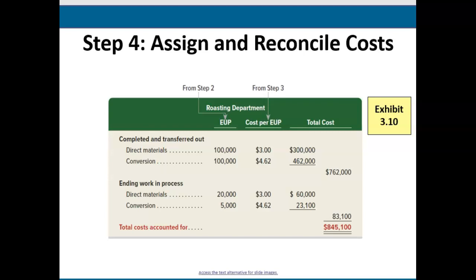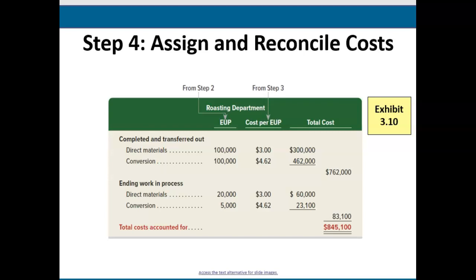The cost of units in ending work in process inventory. There are 20,000 units in the work in process inventory at period end. For direct materials, those units have 20,000 EUP from step 2 at a cost of $3 per EUP from step 3. This results in direct materials cost of work in process inventory of $60,000, which is 20,000 EUP times $3 per EUP.